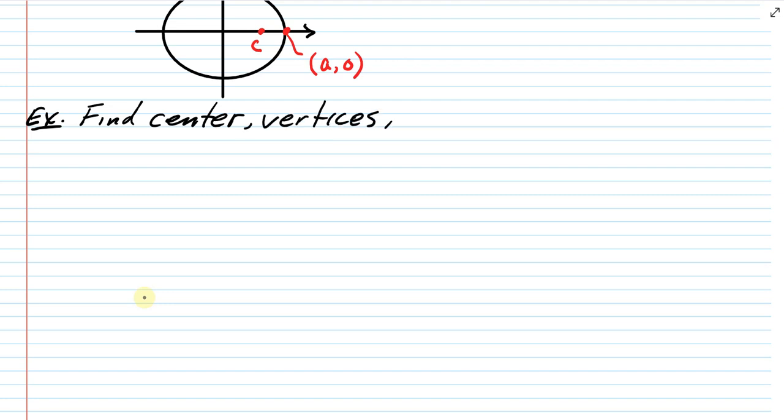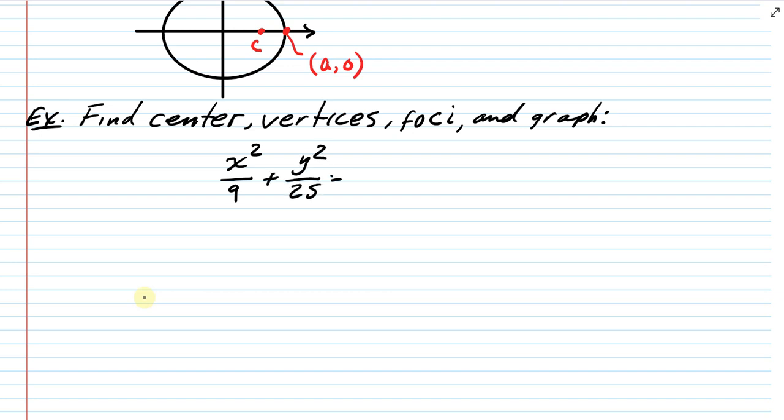Now, by the way, I mentioned co-vertices, but in the book that I'm using, they don't mention co-vertices, so I'm going to leave that one alone. The coordinates of the foci. So find center, vertices, foci, and graph. We're going to graph the following equation. Let's say my equation is x squared over 9 plus y squared over 25 is equal to 1.